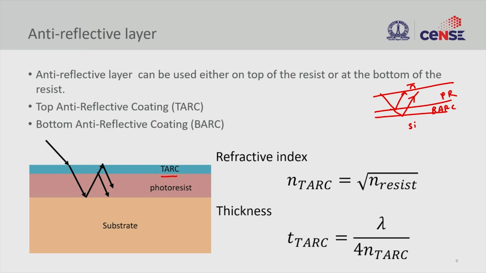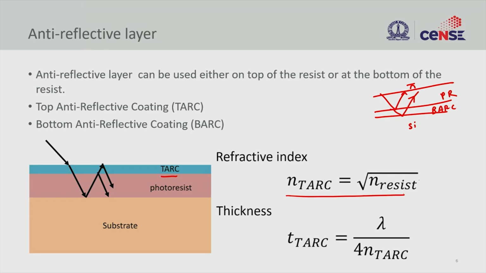Okay. So, TARC and BARC is what you can use, and what the refractive index and thickness should be is a very important point here, because the phase shift depends on the refractive index and the thickness, the optical path length the wave is going to take, right. So, the refractive index to a large extent you can choose with this following relation, right.